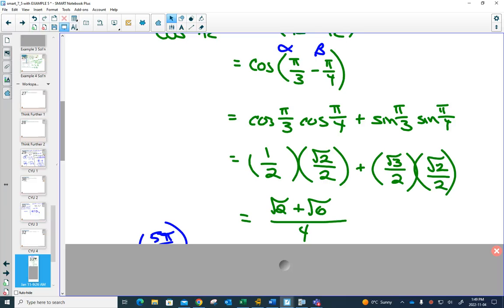And that is the exact value of cos of pi over 12. So if you wanted to fill in that line on the unit circle, you would now know that the x-coordinate at 15 degrees is root 2 plus root 6 all over 4, which isn't a very nice looking x-coordinate, but it's there anyways.